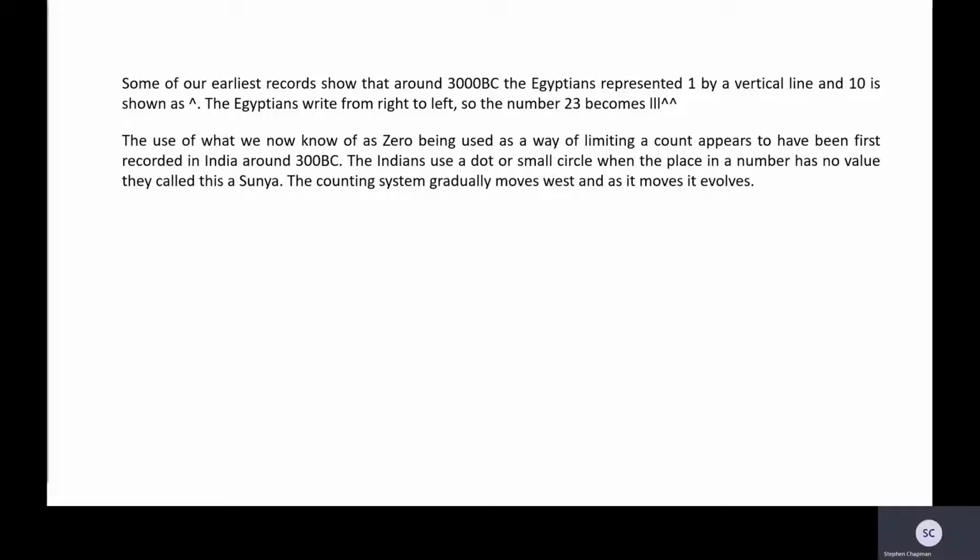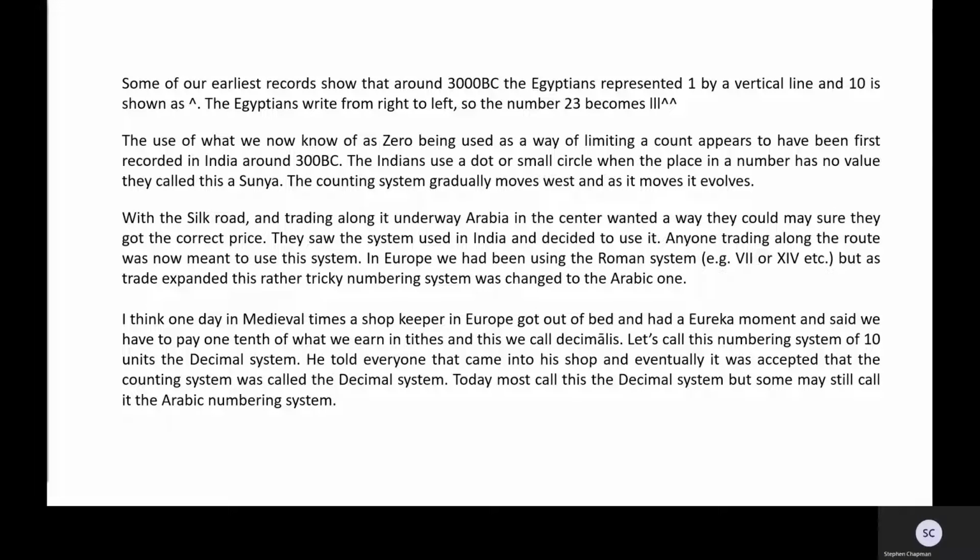Now, with the trade going on the Silk Road between the East and the West, and also from north to south, having the Arab world as its center of the crossroads, they all wanted to use a very similar numbering system. So everyone had a look around. In Europe, we were using the Roman system, which was VII for some numbers, X, I, V, quite cumbersome, especially if you weren't used to it, as the people in the Far East weren't.